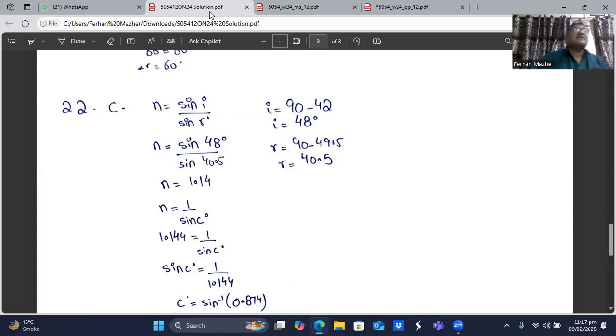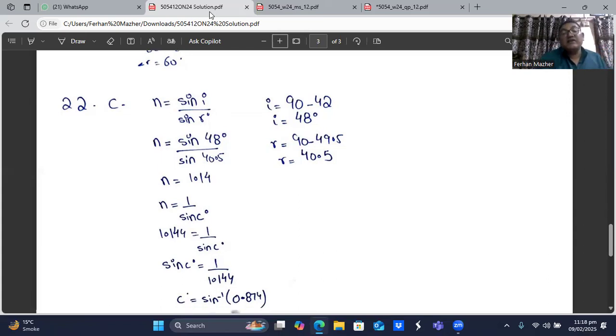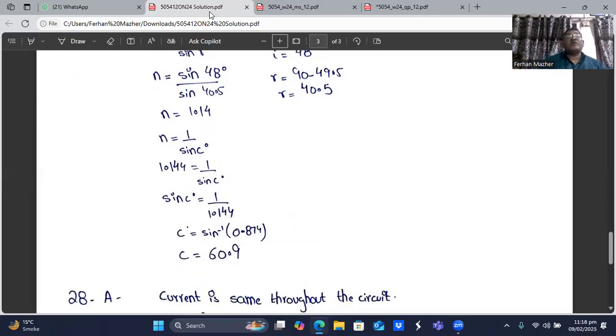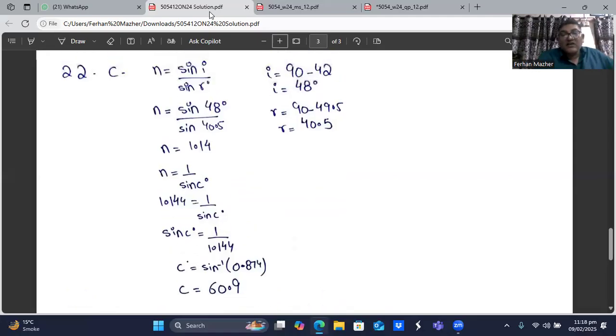Now, you know n is equal to 1 by sine C, and 1.144 is equal to 1 by sine C. So sine C is equal to 1 divided by 1.144, which is 0.874. So C will be equal to sine inverse of 0.874. When you take its sine inverse, the critical angle will be 60.9. So 60.9 is the answer, sir.